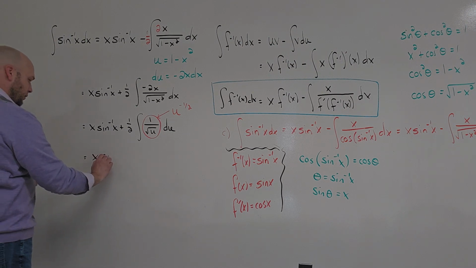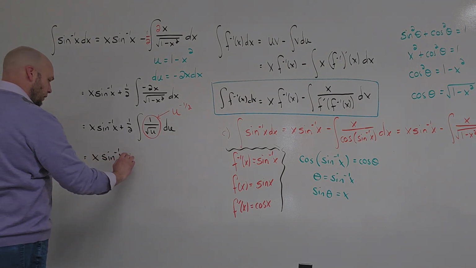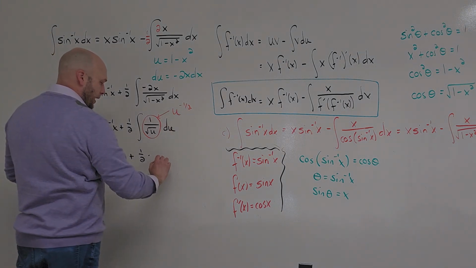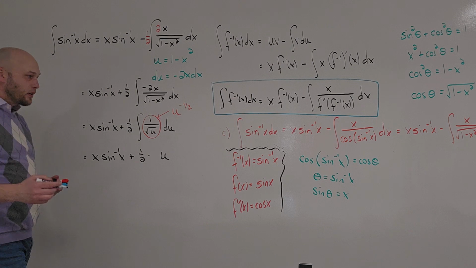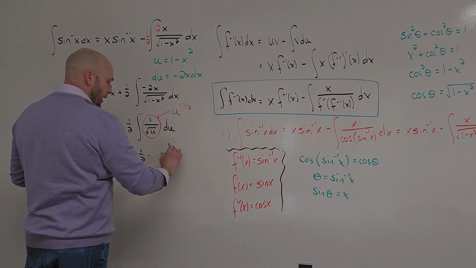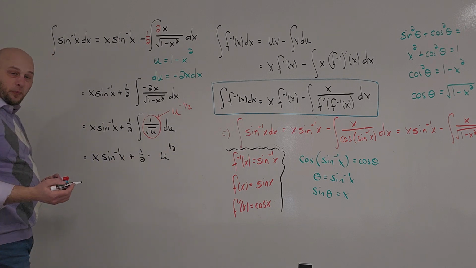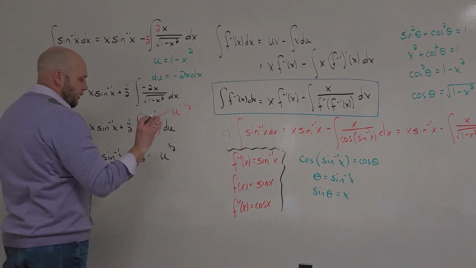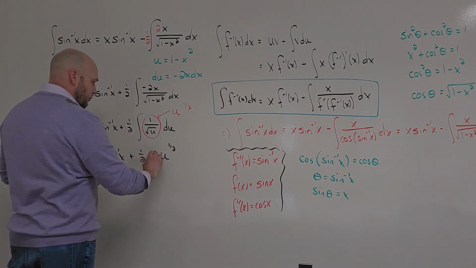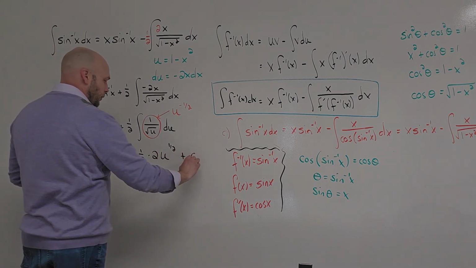This gives me x sine inverse plus a half, and then for u to the negative 1/2, the antiderivative: I add 1 to the exponent, meaning if I take negative a half and add 1, I get positive a half, and then I multiply by the reciprocal of the increased exponent, which gives me a 2. Of course, I also have to have a plus c.